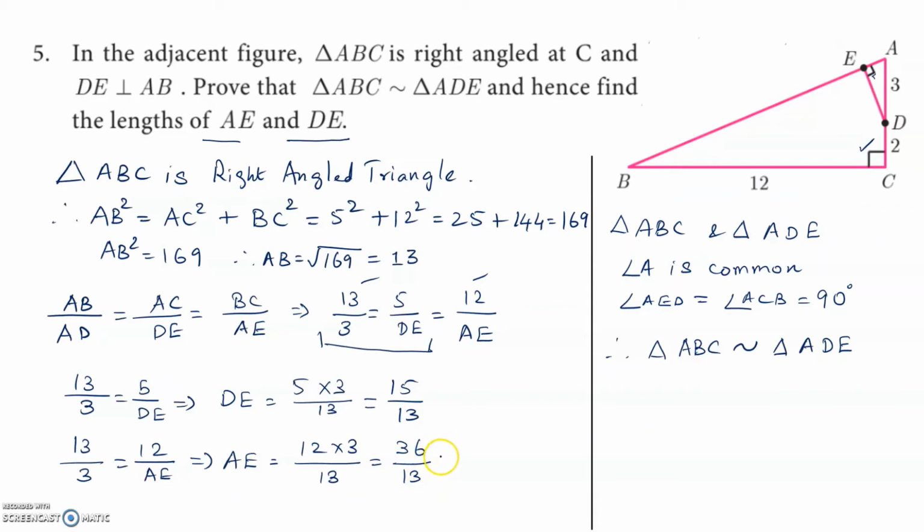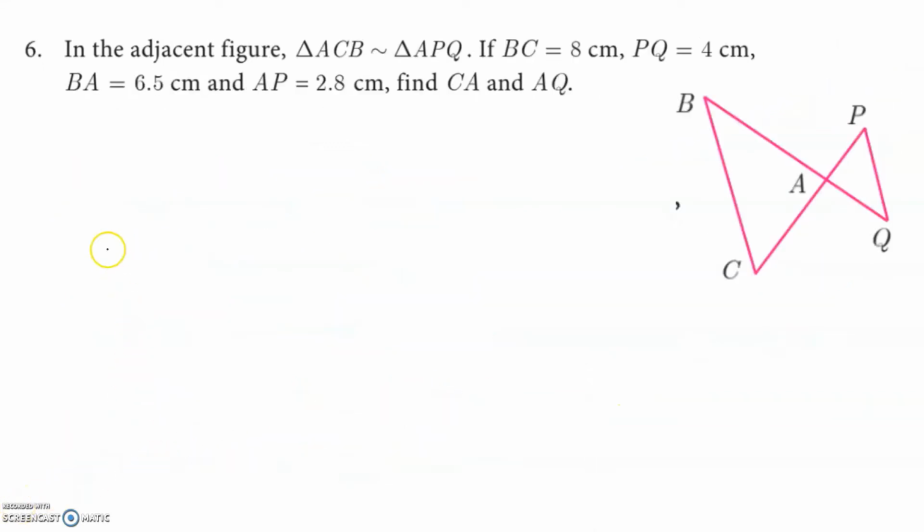So you can further simplify this as 2.7, and this will be equal to 1.1. So that's our result.